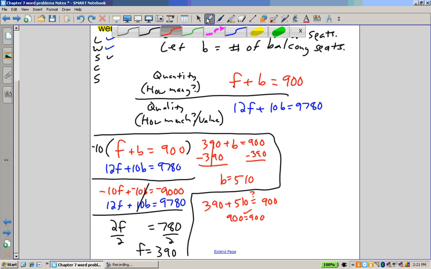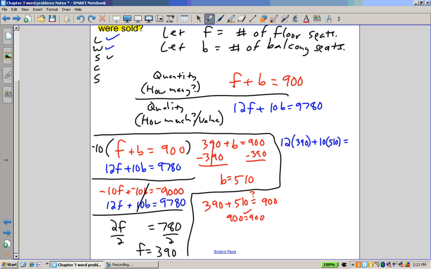And now let's look at the blue. 12 times, I better check it up here, 12 times the number of floor seats, which is 390, plus 10 times the number of balcony seats, which is 510. It's supposed to equal 9,780.